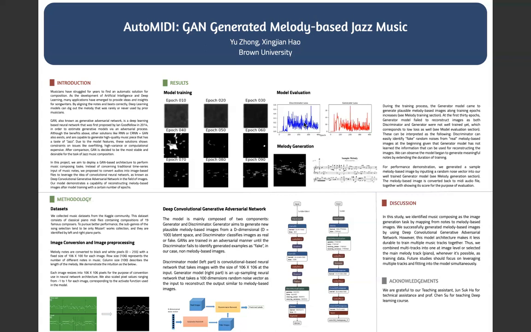It is because the discriminator can easily identify the fake random noise from real melody-based images, given the fact that the generator model has not learned the information that can be used for reconstructing the images. But by extending the duration of training, our model can successfully generate meaningful melody-based images here.